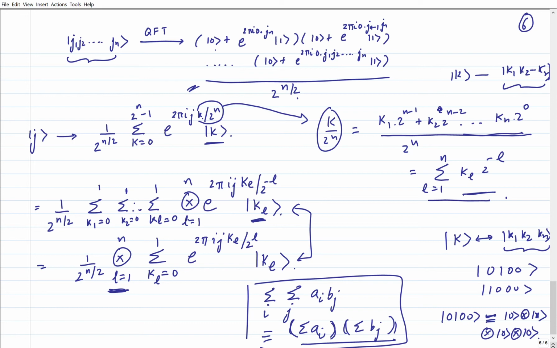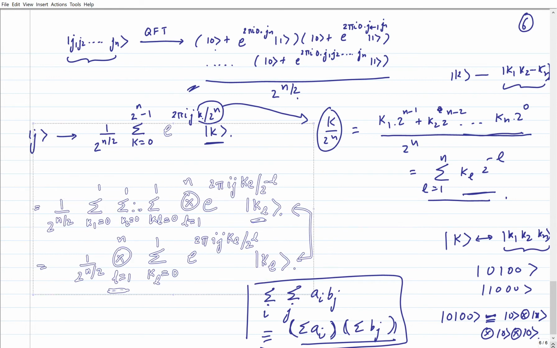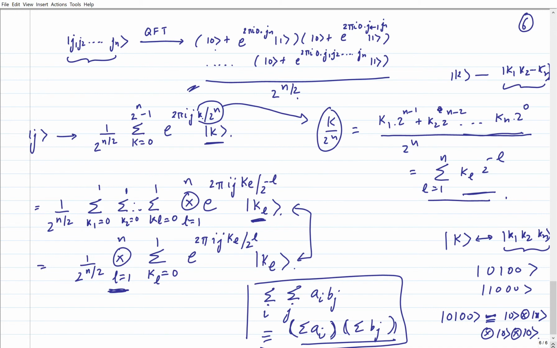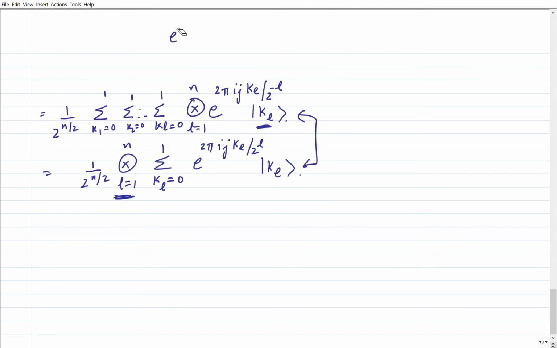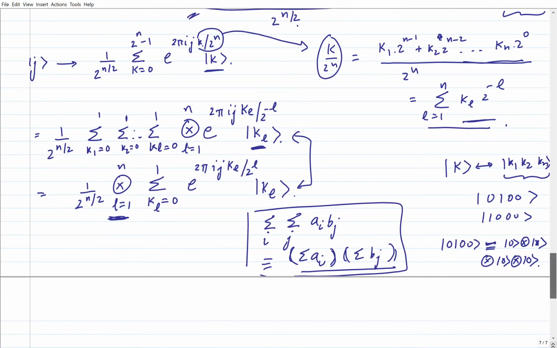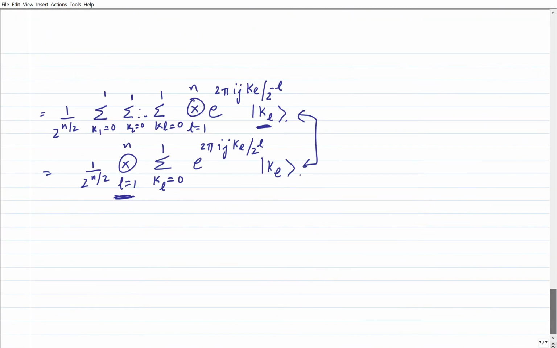So what is this? I'm just going to copy this on the next page. If you carefully look at this, what is this guy?